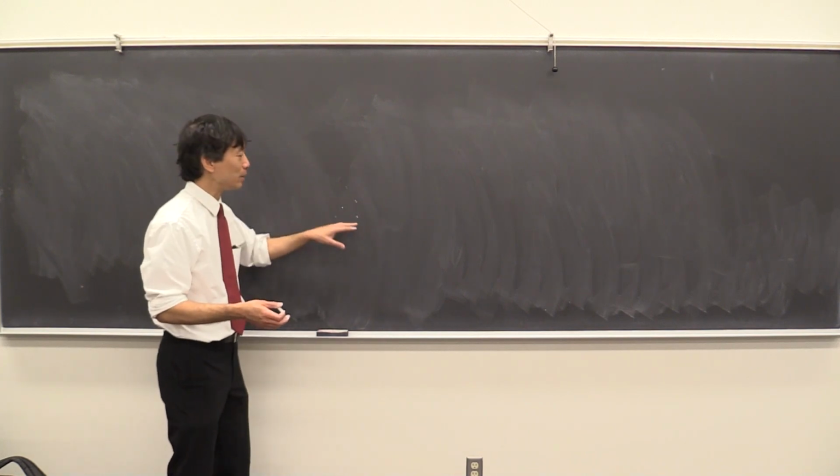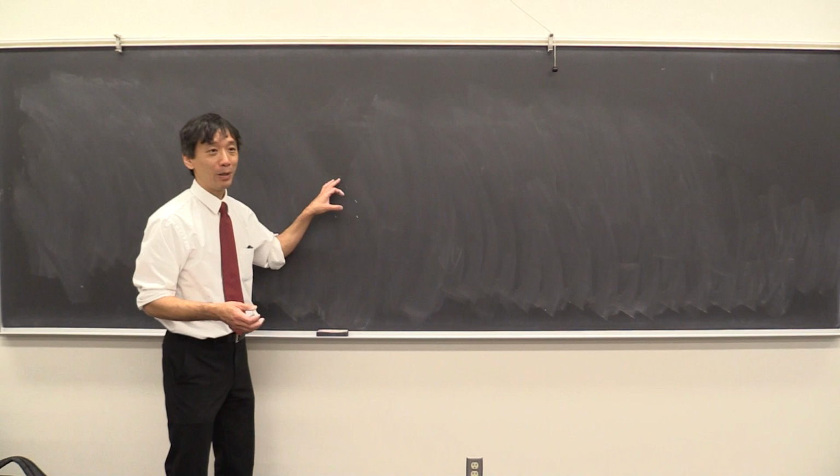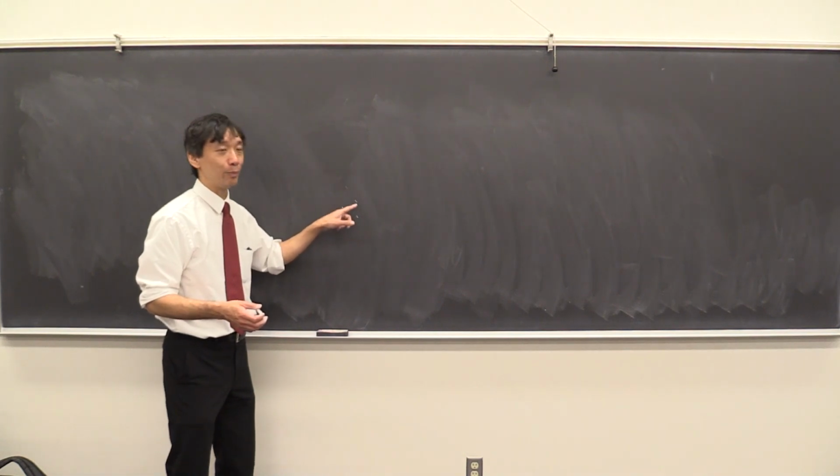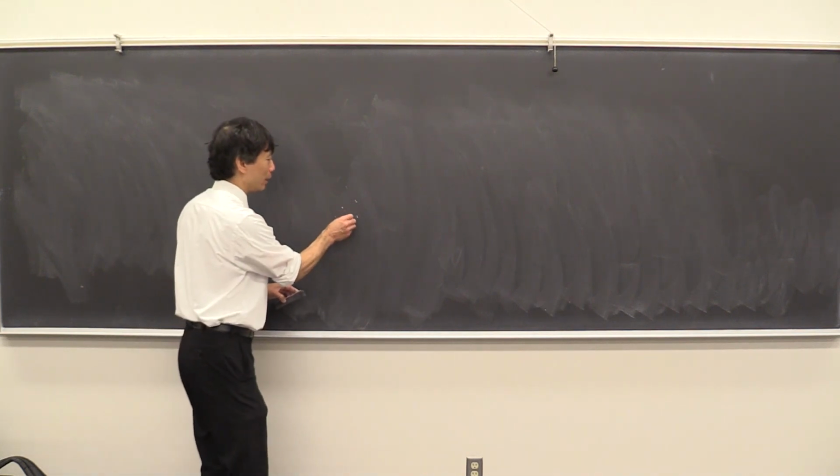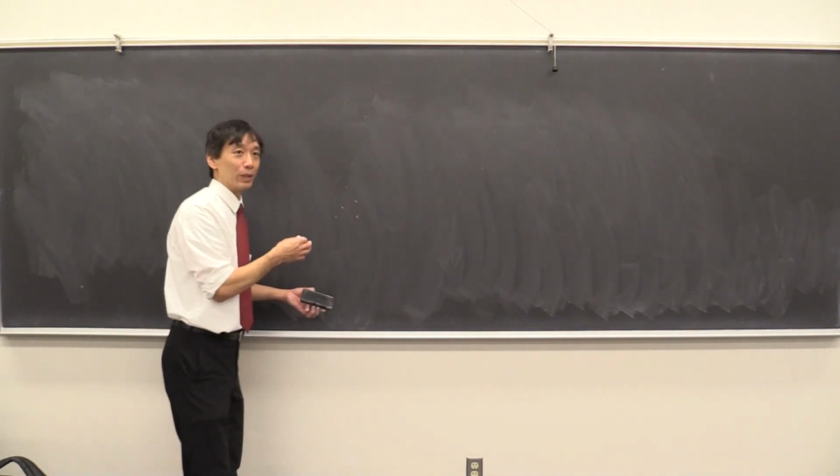In that case, your functions are the points, and you can talk about sequences of points, but now the points are functions, and you have functions that converge with respect to some metric.